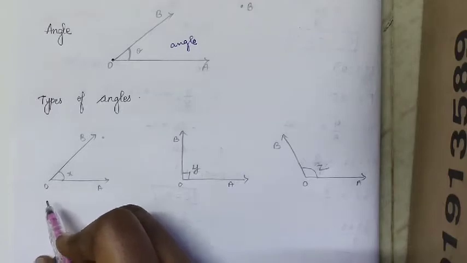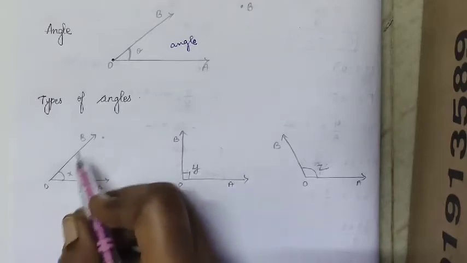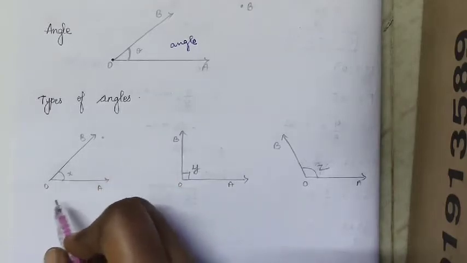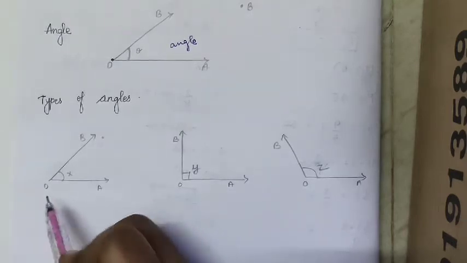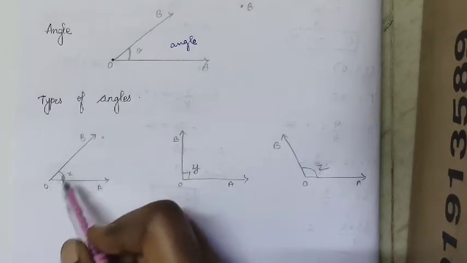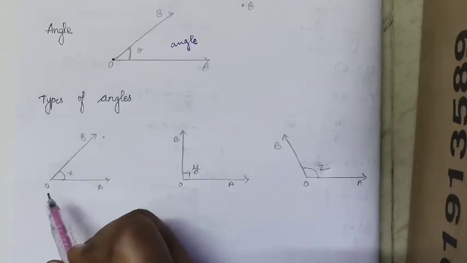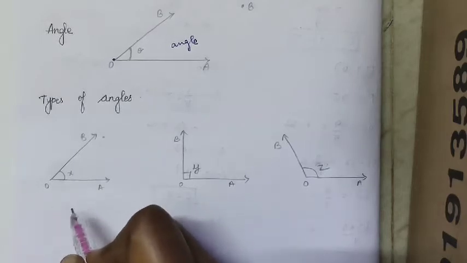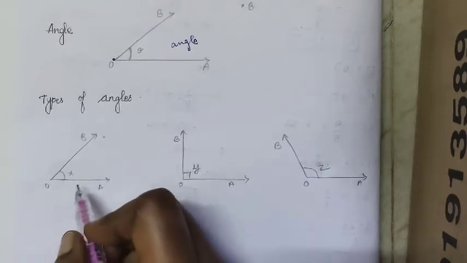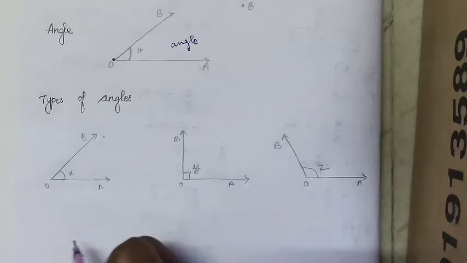The rays making an angle are called arms of the angle, and the end point is called the vertex of the angle. This we have studied in the previous class itself.